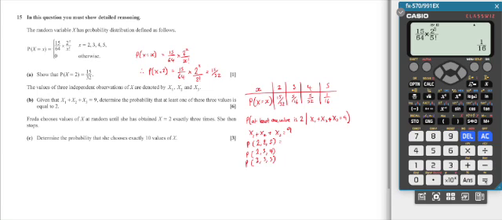of each of those. So 2, 2 and 5 is going to be 15 over 32 times 15 over 32 times 1 over 16.